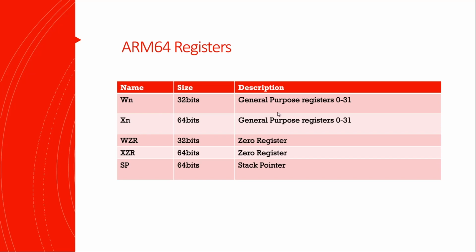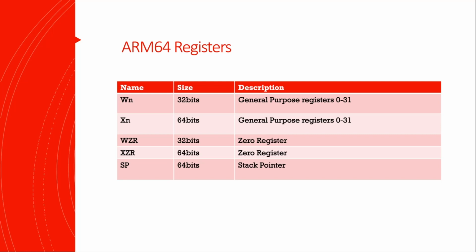Let's say I want to use register 20 in 64-bit mode, so I will put X20. This means that I am talking about the 64-bit register, and if I say W20, then I am talking about the 32-bit register.